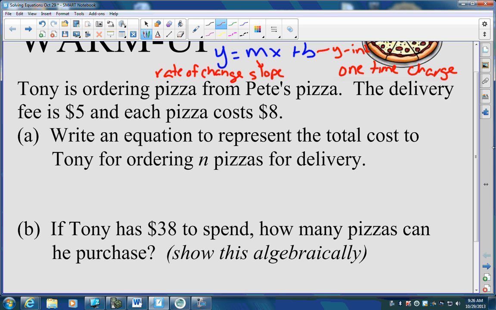So as I look at my equation, the delivery fee is a one-time charge. That's going to be my y-intercept, or my constant, whatever you want to say. Each pizza costing $8, that's my rate of change.